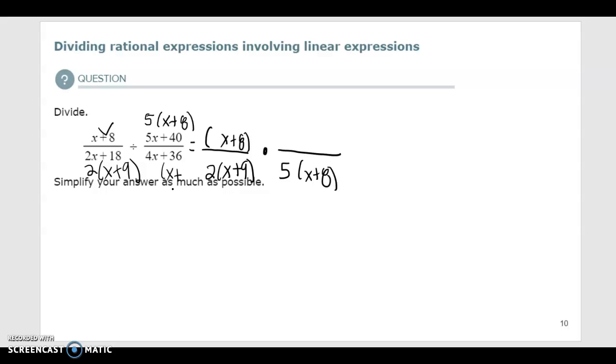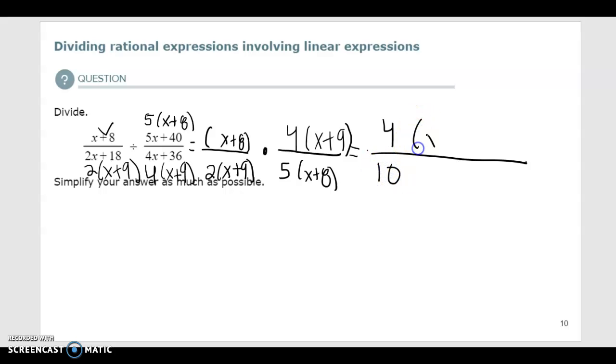And then we have 36 divided by 4. So if we wrote this as, I have 4/10.